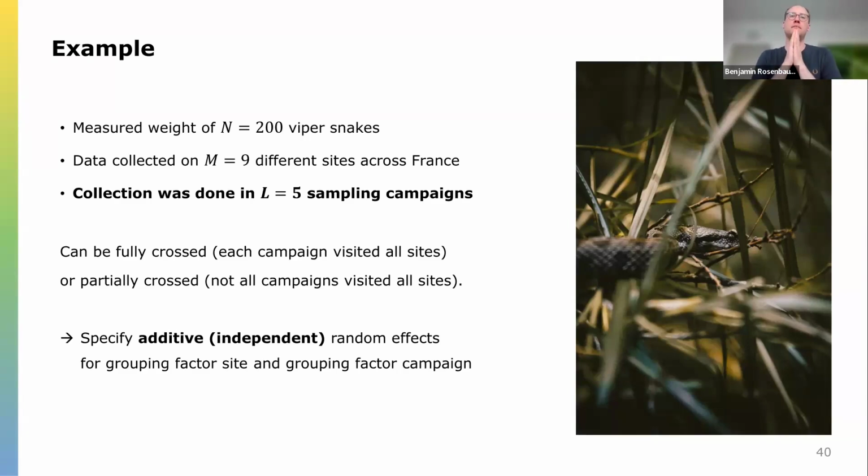And if we say, okay, site and campaign are independent, we can just include them both as additive random effects. So we'll account for the individuals coming from different sites, but also having been observed in different campaigns.